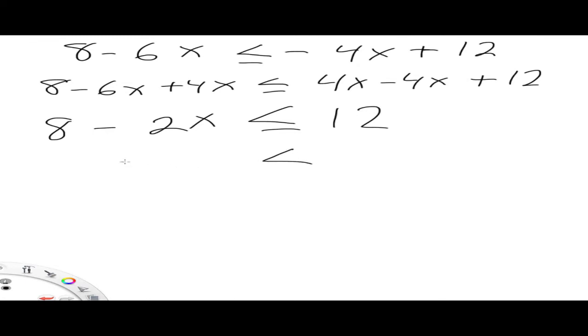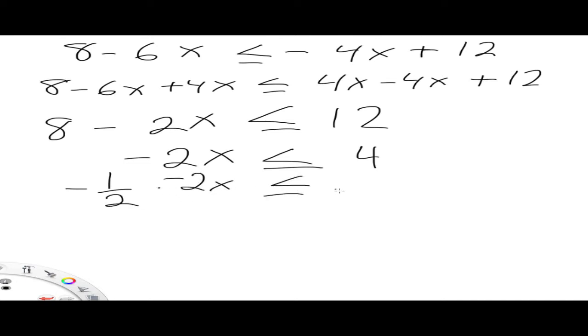I've got negative 2x is less than or equal to 4. I multiply by the reciprocal or divide by negative 2. Negative times a negative is a positive. 2 over 2 is 1. x is less than or equal to negative 1/2.